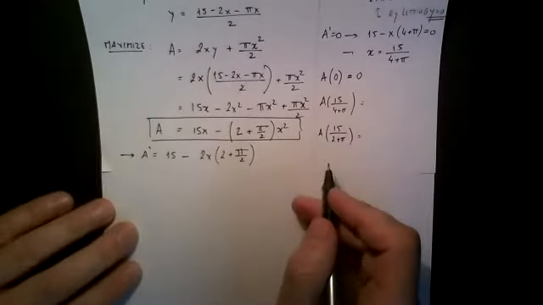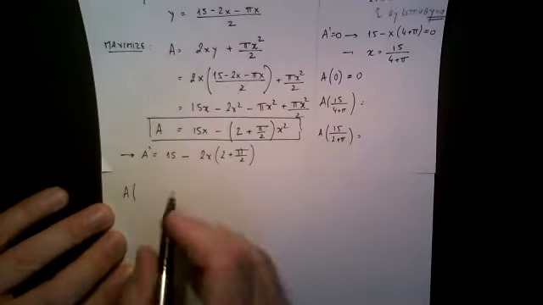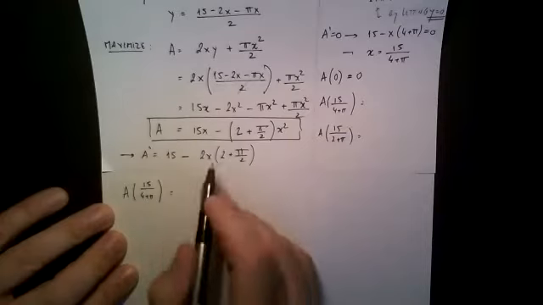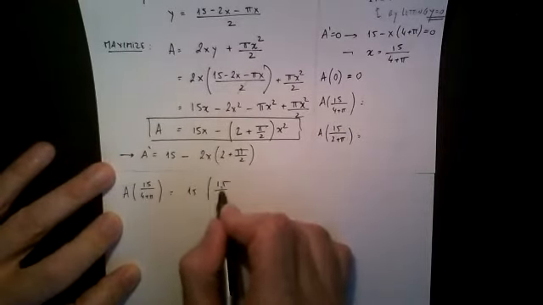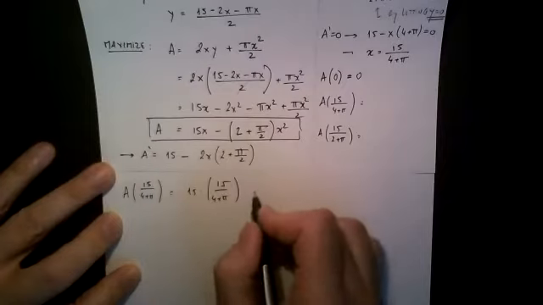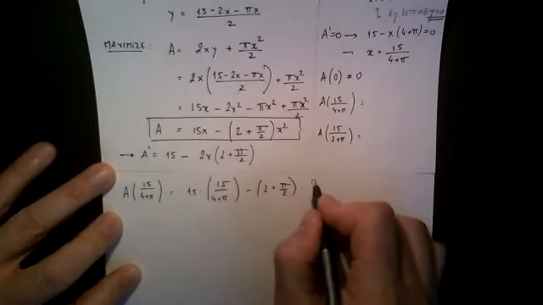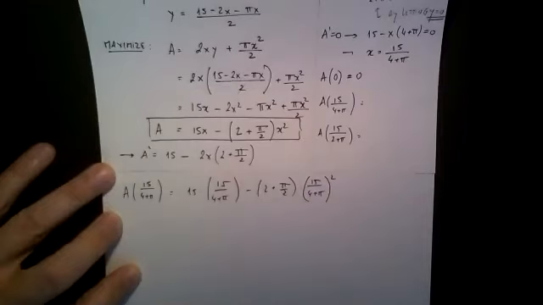Okay, so let's start with this one: A of 15 over 4 plus pi is equal to 15 times 15 over 4 plus pi minus 4 plus pi over 2 times 15 over 4 plus pi squared.